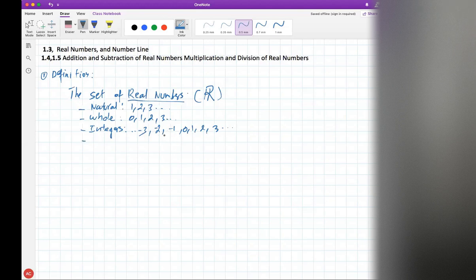Then we add in the decimals and fractions. Decimals and fractions added to this, we get a new group called the group of rational numbers. Rationals, or rational numbers, which again includes all the above, plus fractions and decimals.